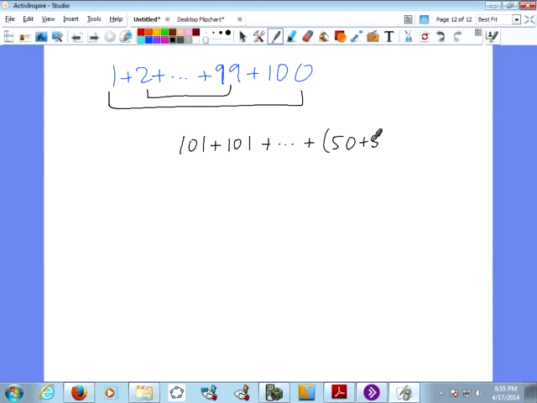The middle pair is going to be 50 plus 51. And so I get a first pair, a second pair. This one was 1 plus 100. This was 2 plus 99. So how many pairs? That's being counted by this first number. So there are a total of 50 copies of 101.